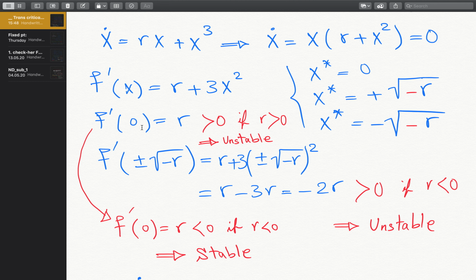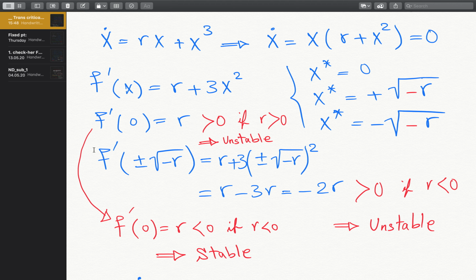So in this fixed point, f prime of 0 is equal to r plus 3 times 0, which is r. And if it is positive, then f prime is positive. Therefore, for positive values of r, you have unstable fixed points. And if it is negative, then f prime is negative as well, and it is stable.